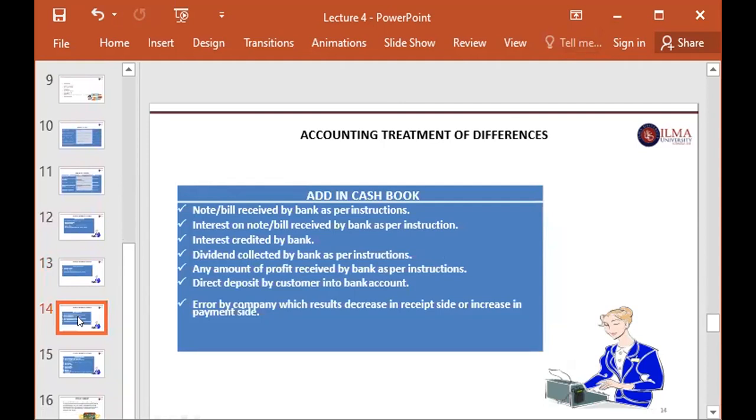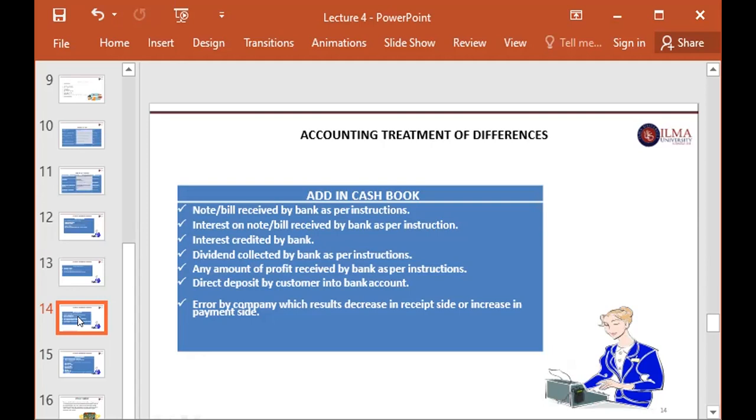The items that should be added in the cash book are a note or bill received by the bank as per instructions of the account holder. Next, interest on a note or bill received by the bank as per instructions. Next, interest credited by the bank, or anything credited by the bank that is not yet recorded in the cash book, will be added in the cash book.